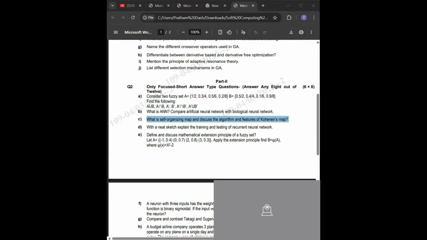Topology is the geometric arrangement of neurons in the self-organizing map, connected basically in grids. Map is a two-dimensional grid of neurons. Learning rate is how much the weights are adjusted during training. Neighborhood radius.